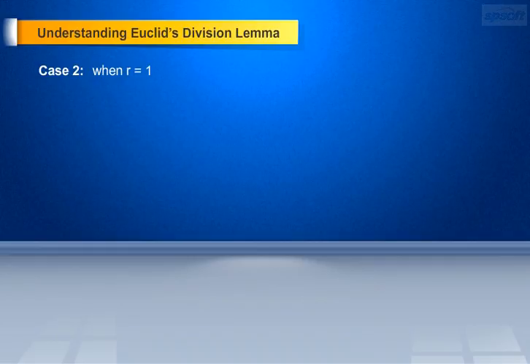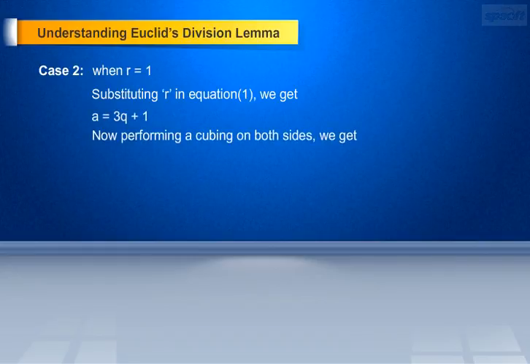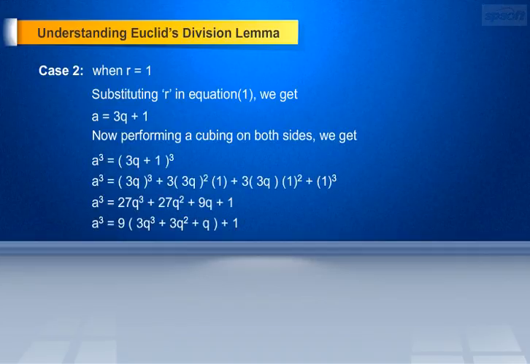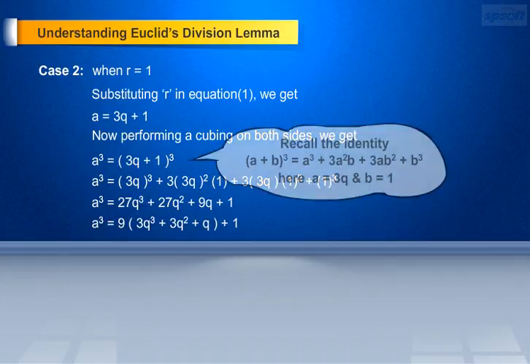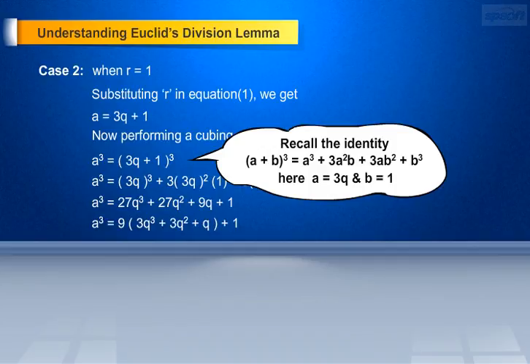Case 2, when r equals 1. Substituting r in equation 1, we get a equals 3q plus 1. Now performing cubing on both sides, we get a cube equals (3q plus 1) whole cube. Recall the identity, (a plus b) whole cube equals a cube plus 3a square b plus 3ab square plus b cube.